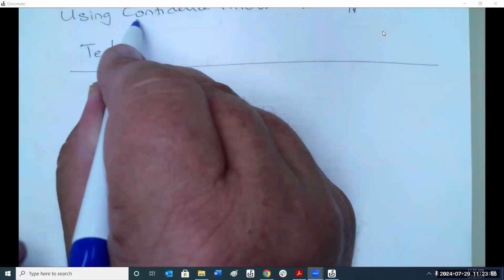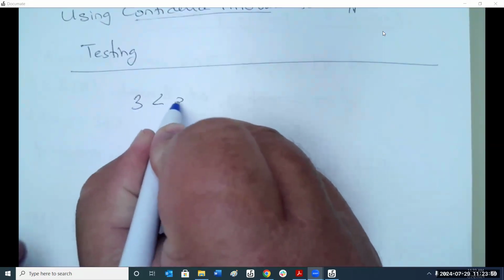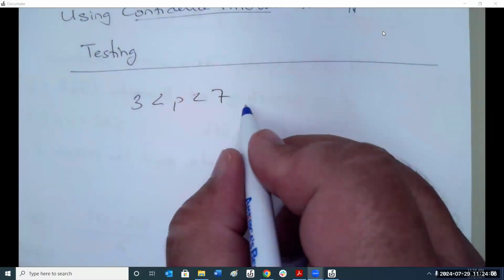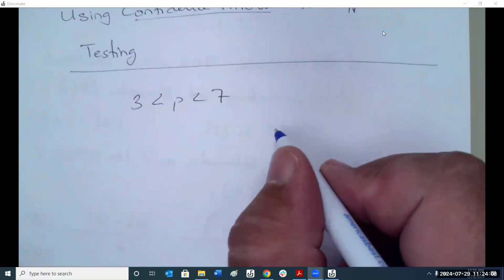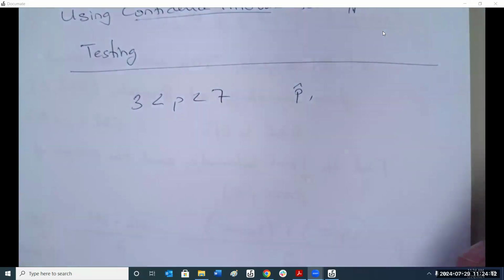So for example, a confidence interval, let's say it's between 3 and 7. From there, we could figure out our sample proportion, and we can figure out our estimate error, which we're going to need.